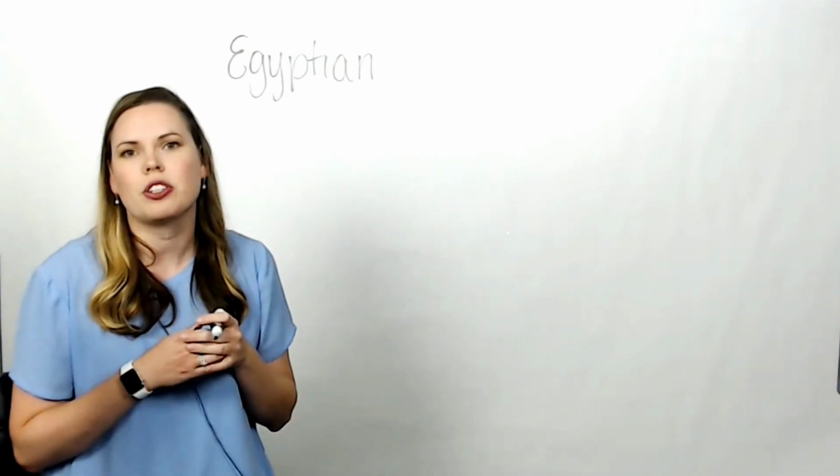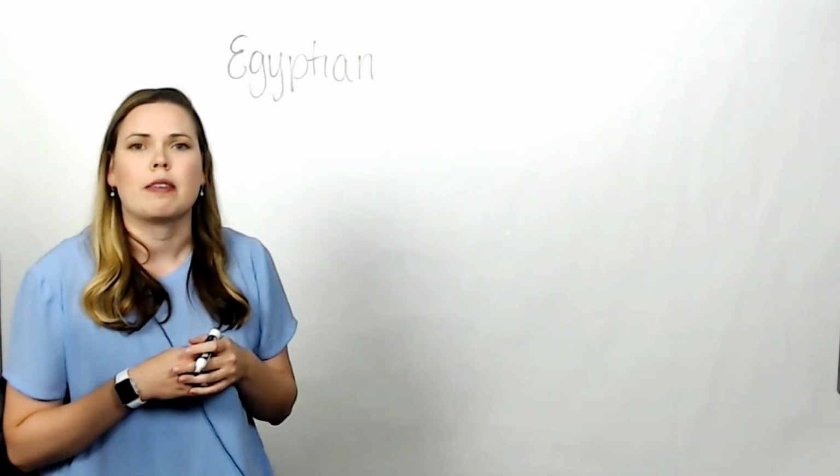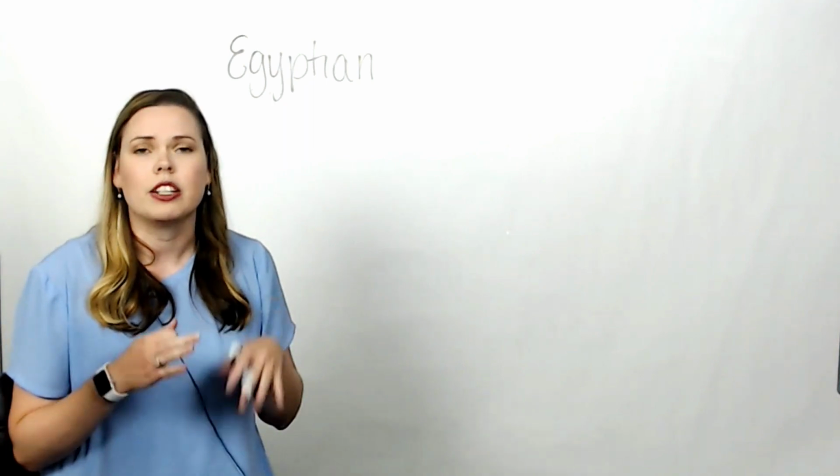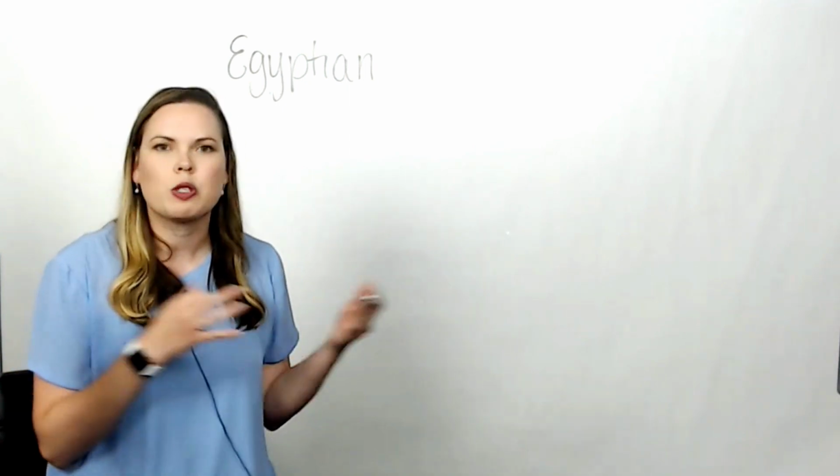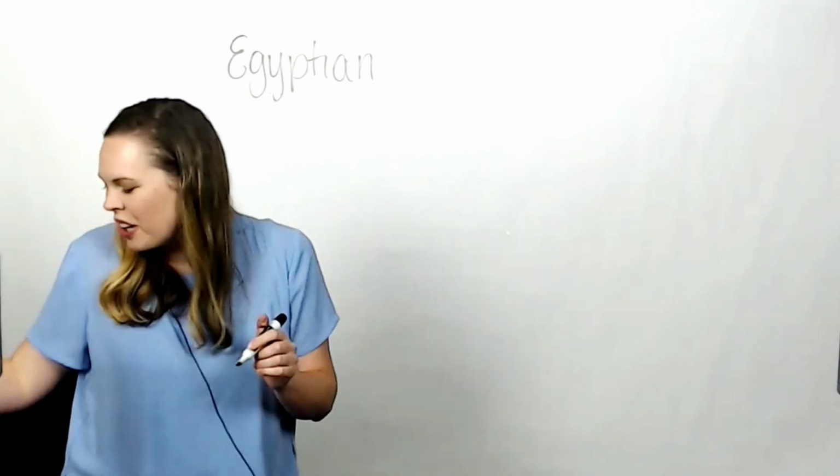Now I'll put a link to where you can find the symbols for each of these and what they mean in the description down below this video, so you can explore what each of the symbols means. There's more than what I will show you in this short video. So starting with Egyptian, like I said, it is an additive system, which is a little different than what we're used to.